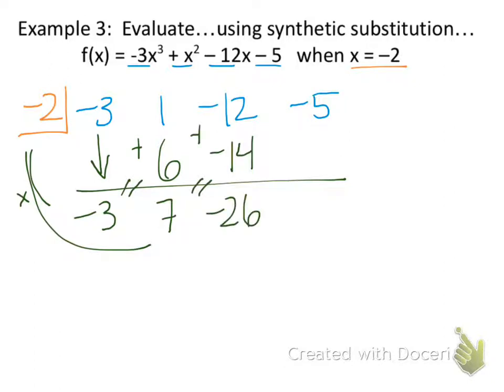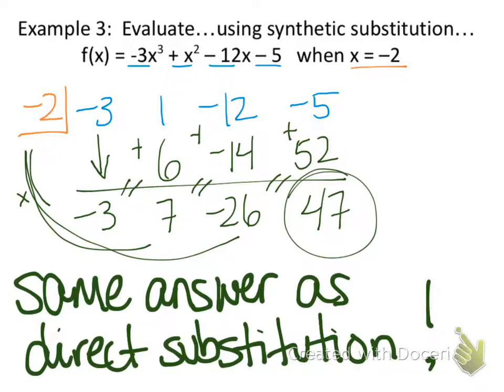Adding -14 and -12 gives us -26. Multiplying -2 times -26 is 52. Adding, I get 47. And look at that, I got the same answer as I did with direct substitution. This last value will be the same as when you use direct substitution.